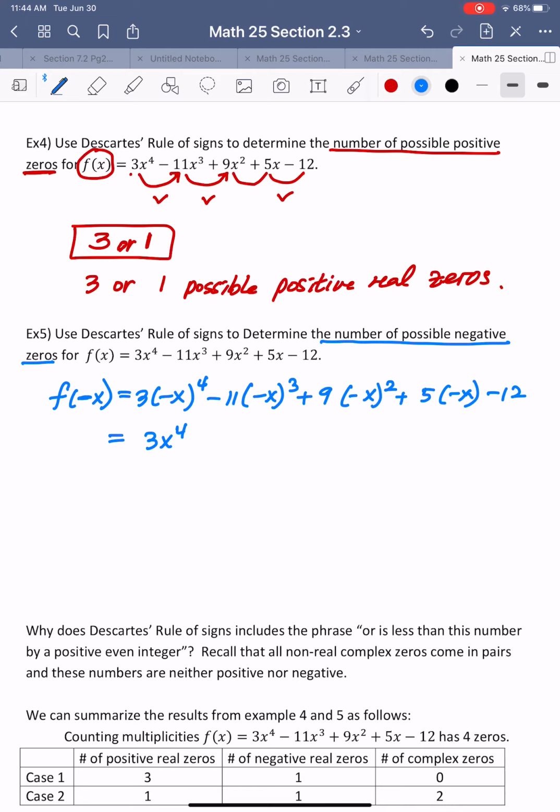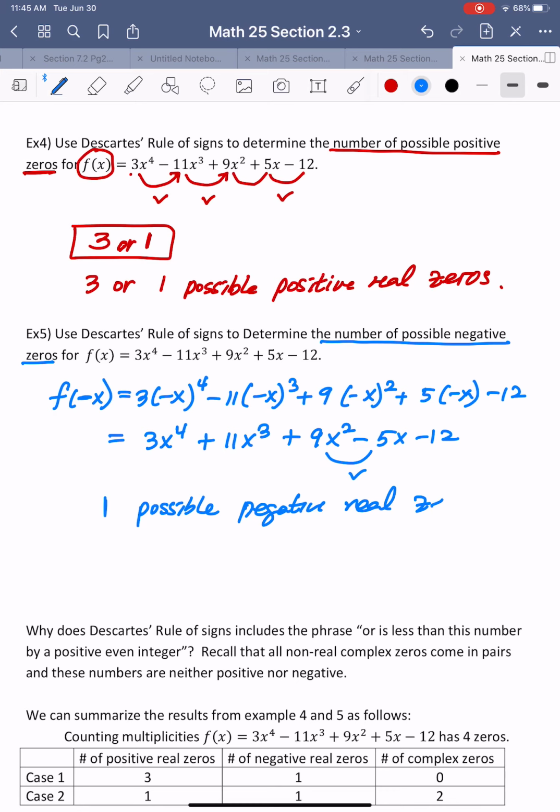So negative times negative is a positive. And the 11x cubed. Even power stays, the negative goes away. And then positive, negative, and negative 5x minus 12. So in order to find the changes of sign, only this is a change of sign. So it happens once, isn't it? So this is going to be 1. So that means you only have one possible negative real zero this time, okay?